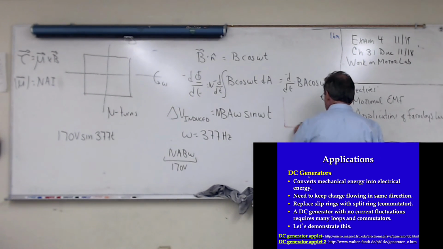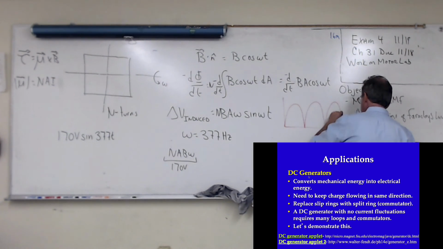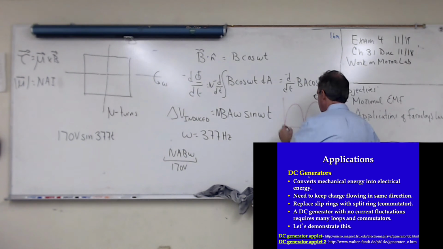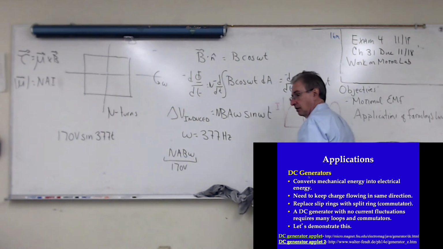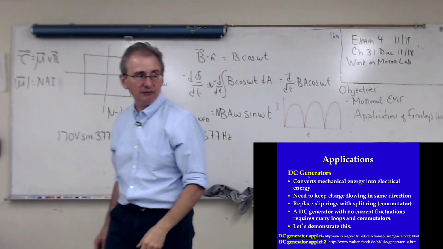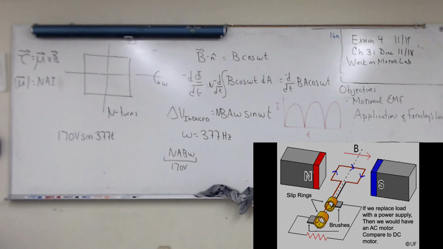The current's like this for DC. It just means it doesn't change directions. Okay? The voltage has the same form. That's an AC generator. Of course, you can run it as an AC motor too.